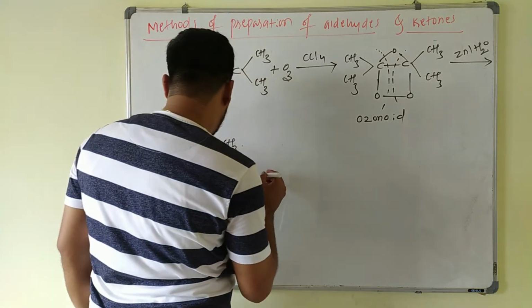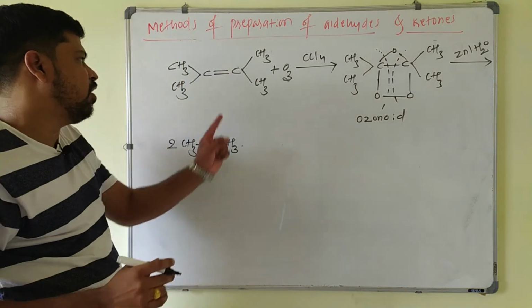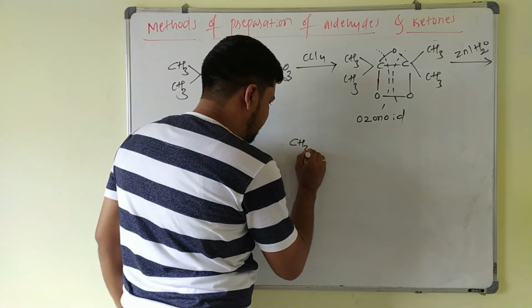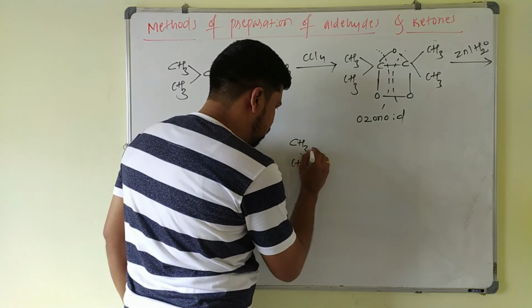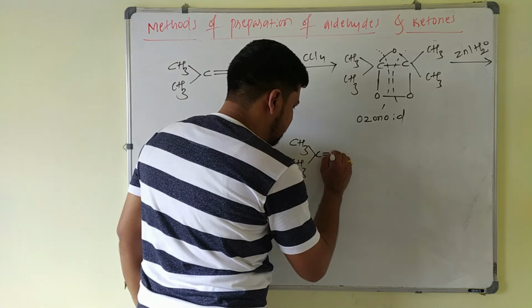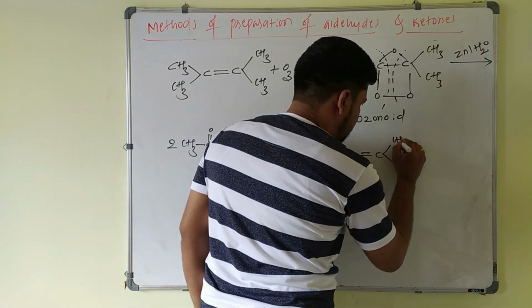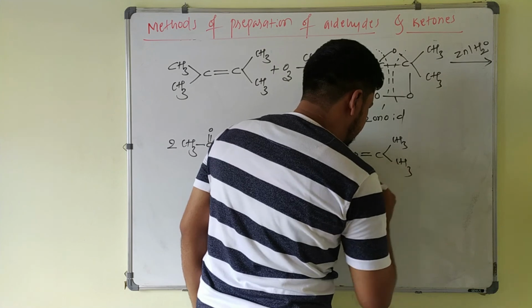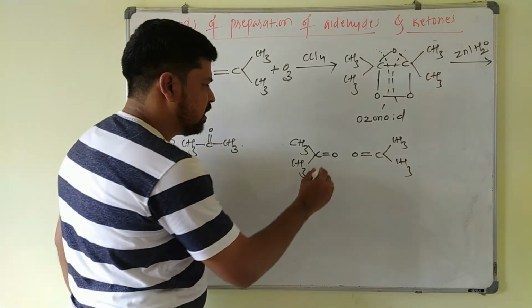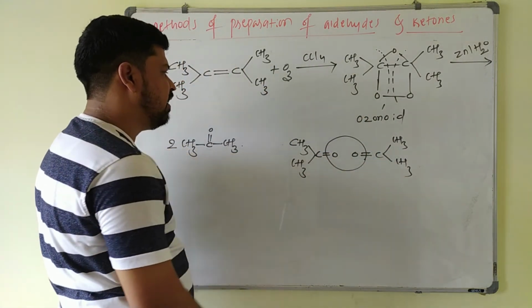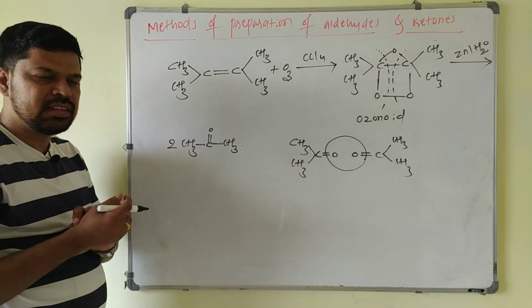If you want to find out the position of the double bond in this alkene, the products of ozonolysis are written such that their carbonyl groups face each other like this. This is your CH3 and this is your CH3. 2 moles of ketones are obtained. Just remove these oxygens. Again you connect these two with a double bond and you will get this alkene here.